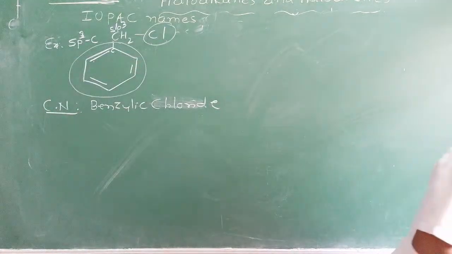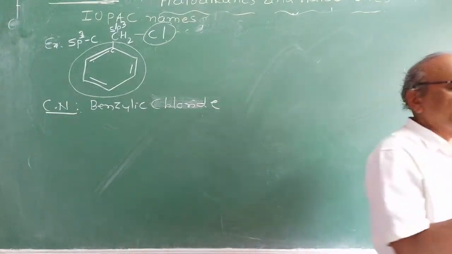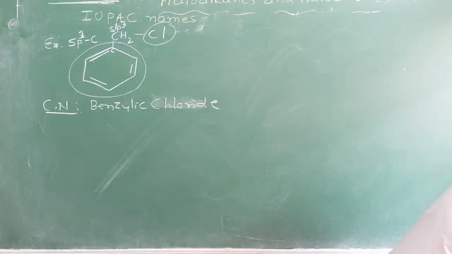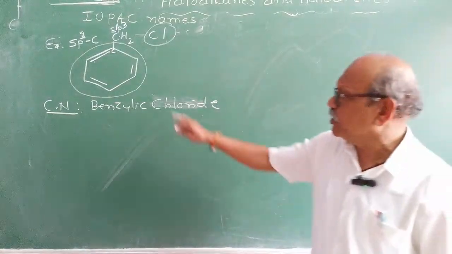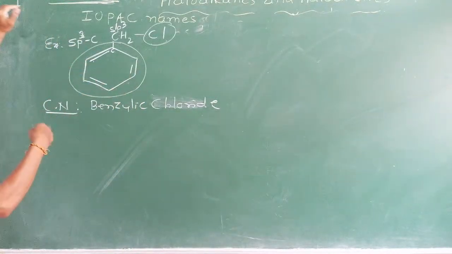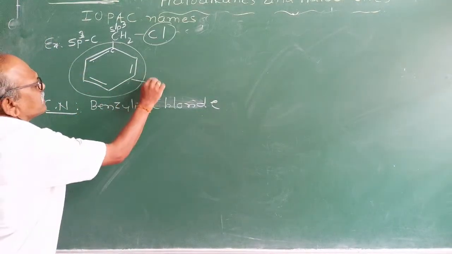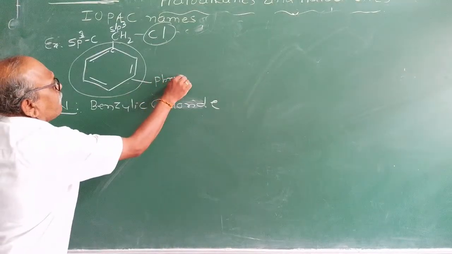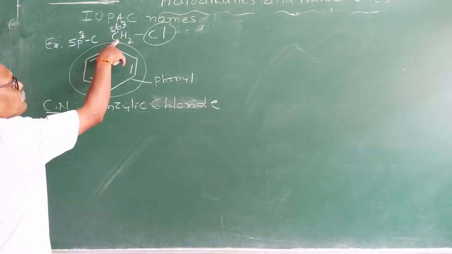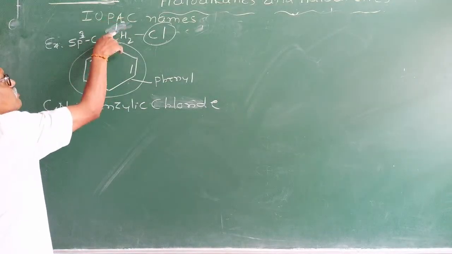In the IUPAC system, in these benzylic halides, this particular benzylic group is considered as a side chain substituent group, and it is pronounced as phenyl. This is chloro. This is CH2, only one carbon atom, longest chain is 1.